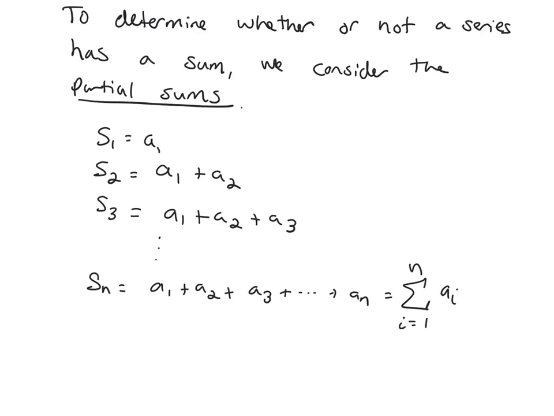So what have we done? We started with our infinite series, this list of numbers I'm adding together, and I'm creating these new numbers, S1, S2, S3, all the way down to Sn. What have I done? I've created a sequence. I started with a series, and I've created an ordered list of numbers.